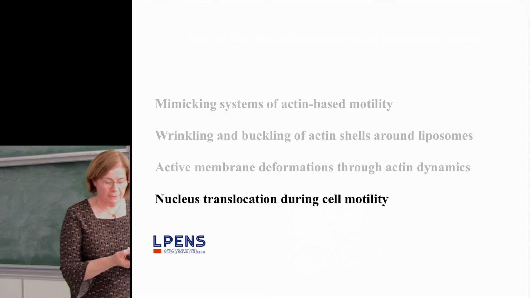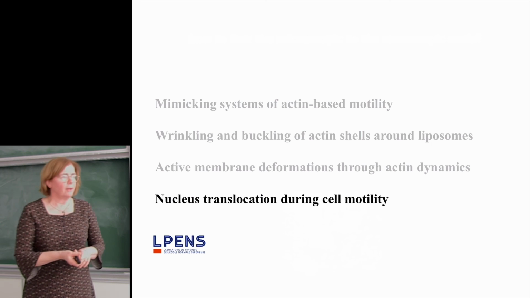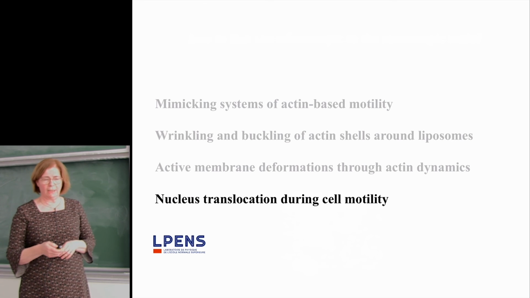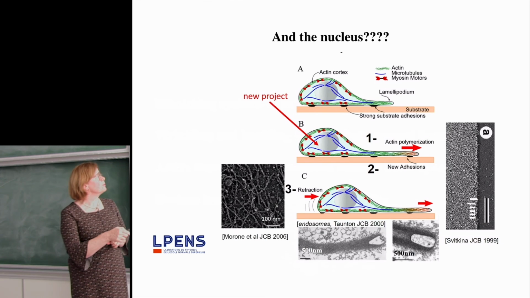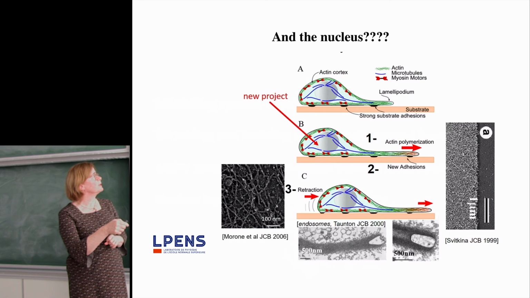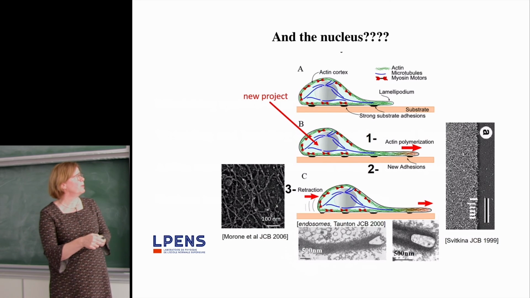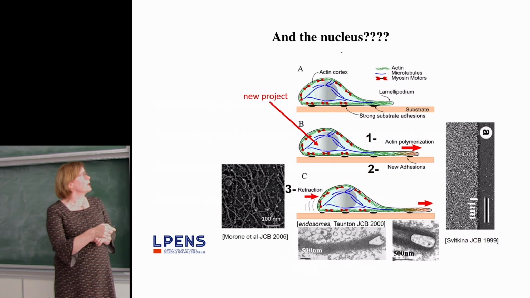Well, so now I will end up with just a few slides about our new project here at LPENS. Just to remind you that we have looked at how this actin polymerization generates a force and a displacement of this membrane and the displacement of objects inside the cell and this retraction here.